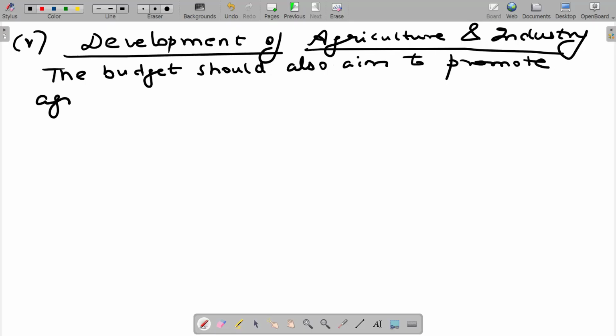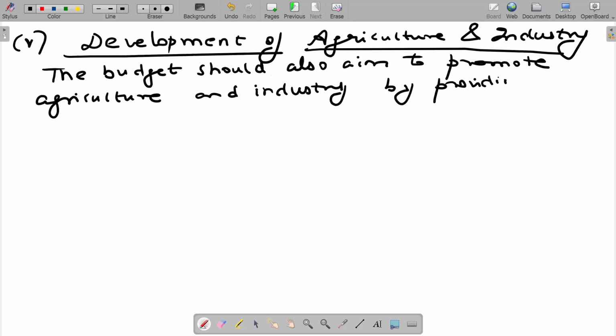The budget should also aim to promote agriculture and industry by providing subsidies. The government provides subsidies for development of agriculture and industry.